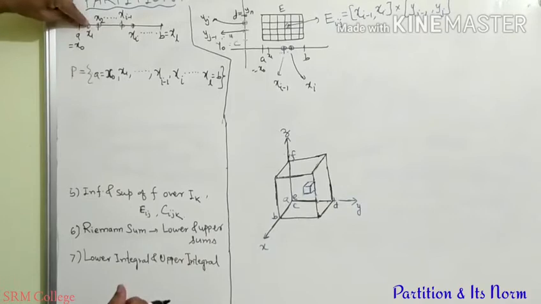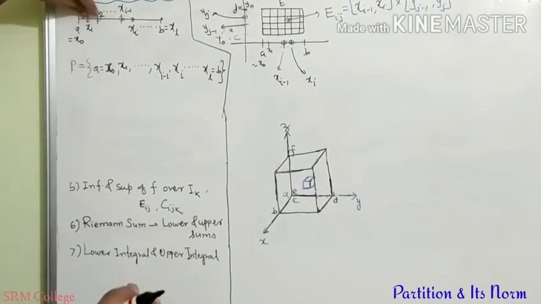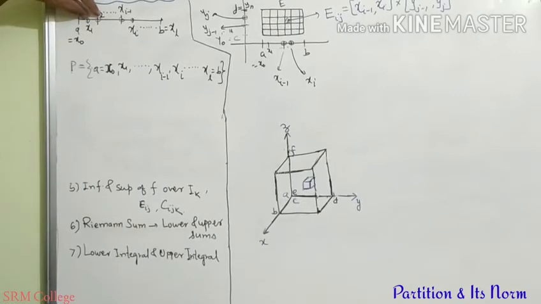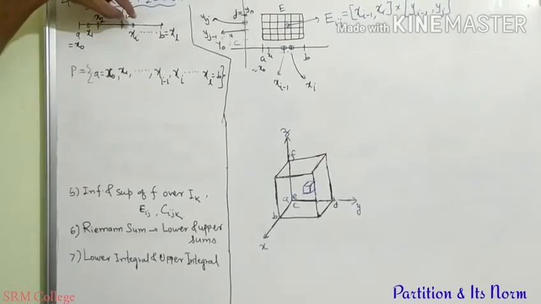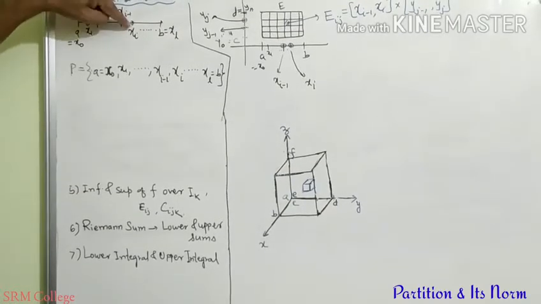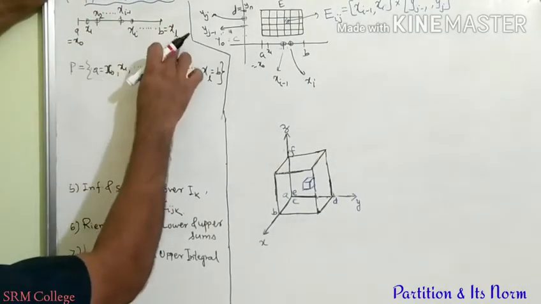This is the first one, that is x0, x1, closed interval [x0, x1], closed interval [x1, x2], and so on. This is first, this is second, and this is the ith subinterval [x(i-1), xi], and so on. You will get how many? L subintervals.